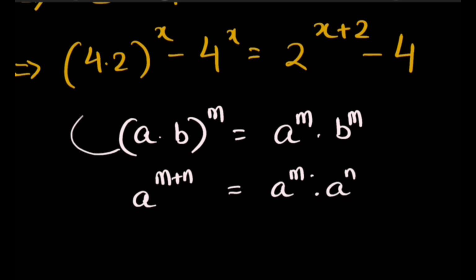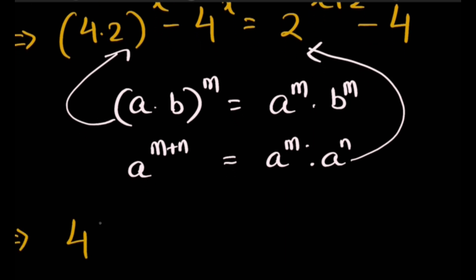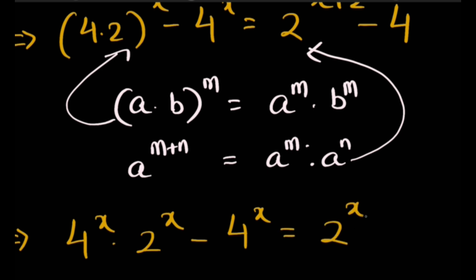So applying these formulas here, we can write this equation as 4 to the power x into 2 to the power x minus 4 to the power x is equal to 2 to the power x into 2 to the power 2 minus 4.